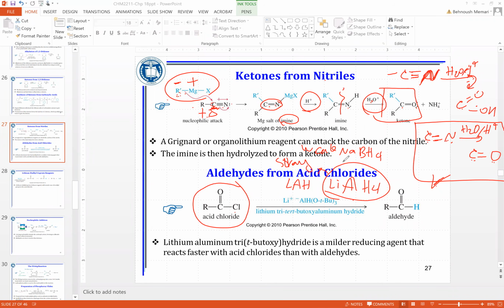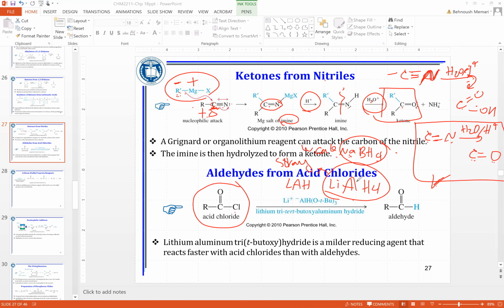The weak reducing agent is not going to reduce an acid chloride because it can be used only for aldehydes and ketones. Sodium borohydride can reduce an aldehyde to a primary alcohol, and it can reduce a ketone to a secondary alcohol.